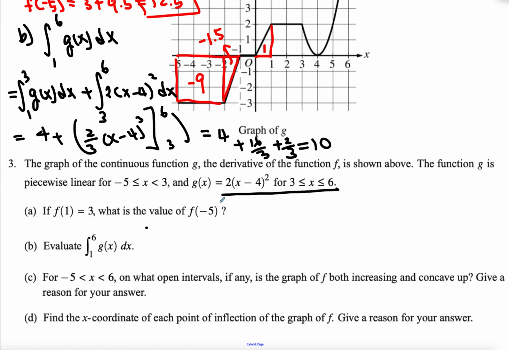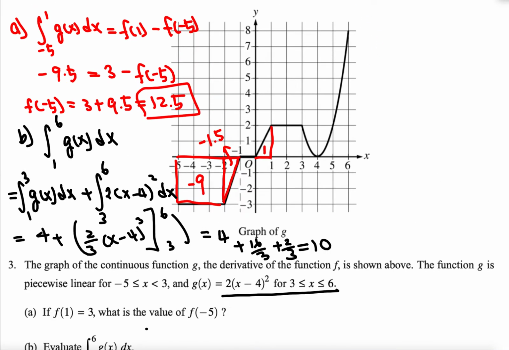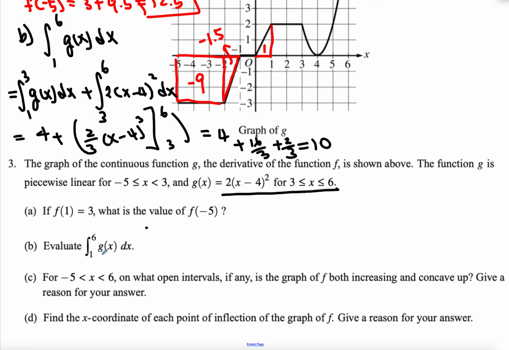Let's look at part C. From negative 5 to 6, on the open interval, if any, is the graph of f both increasing and concave up? F is increasing means g of x has to be greater than 0, positive. And concave up means g of x is increasing. So where do I see g of x positive, above the x-axis?